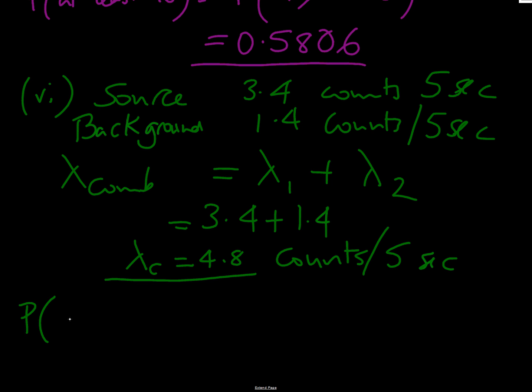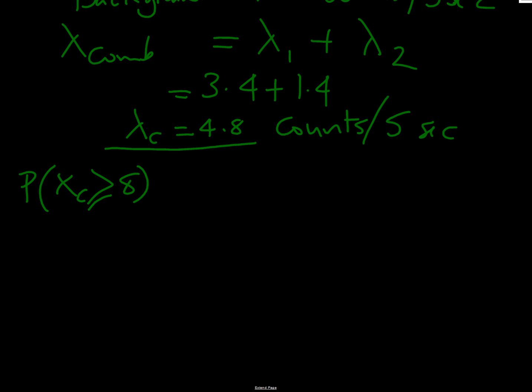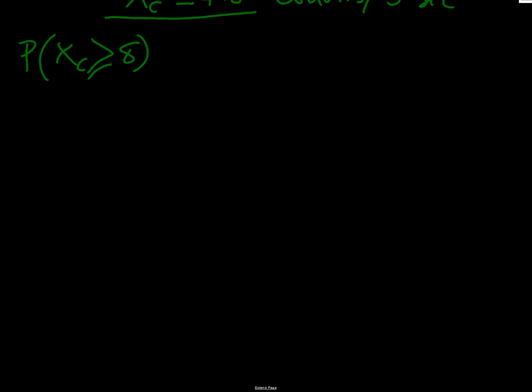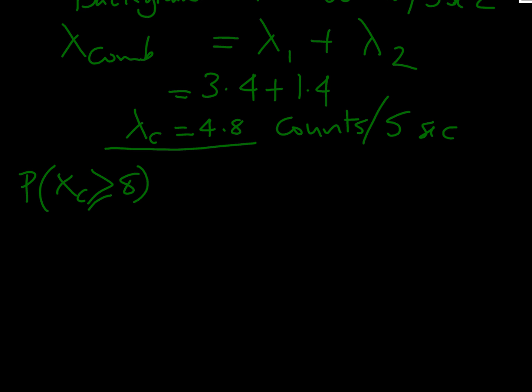Okay, what did they ask us to find? Probability that our combined hits are at least 8, so that's the probability that it's greater than or equal to 8, isn't it? So what are we going to have to do next? Let's do our number line. We could have had 0 hits, 1, 2, 3, 4, 5, 6, 7, 8.